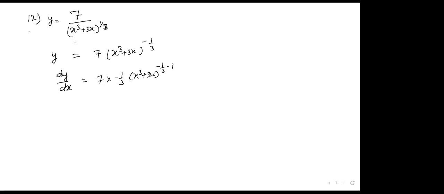Now, since we have x cube plus 3x as the function, we will multiply with the derivative of x cube plus 3x. So this becomes minus 7 over 3, and x cube plus 3x to the power minus 1 over 3 minus 1, which is minus 4 over 3.